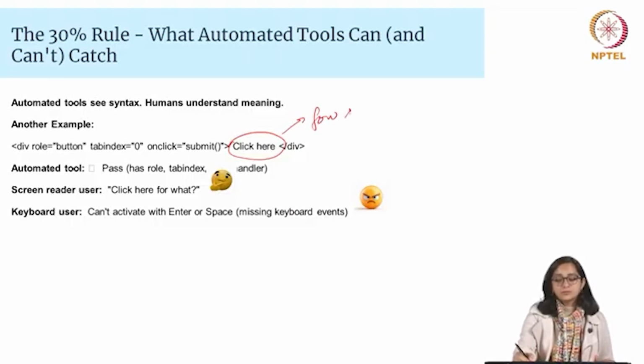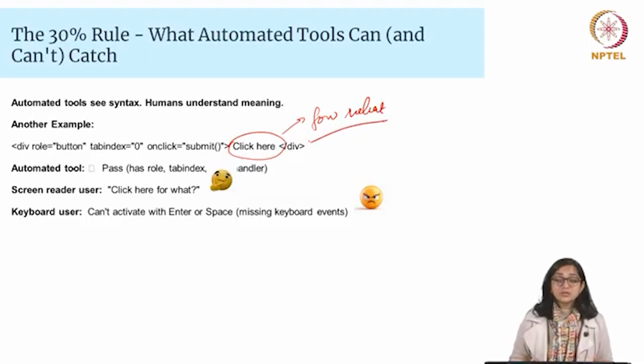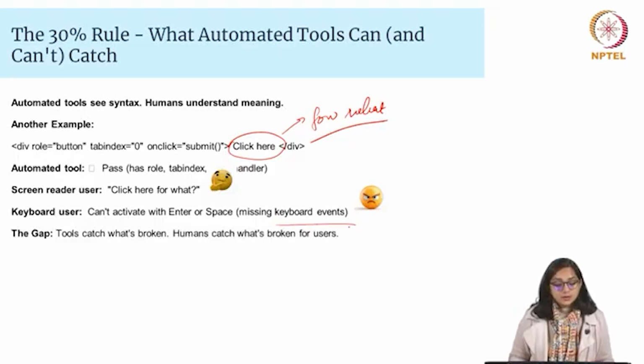I don't know, right? Just by the term "click here", I don't know. So there has to be a semantic signifier in order to facilitate accessibility. A keyboard user can't even activate it with enter or space. If there is a missing keyboard event, it's also very frustrating for keyboard users. So tools catch what's broken, and humans catch what is broken for the users.